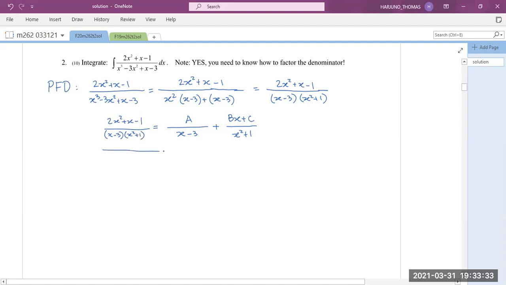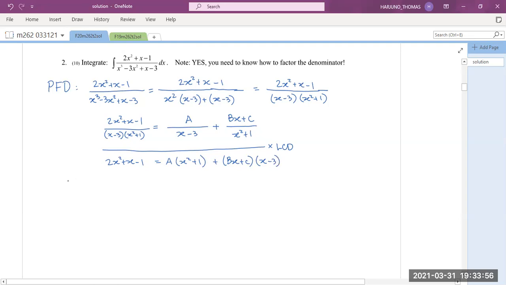Then multiply by the LCD. We get 2x squared plus x minus 1 equals a times x squared plus 1 plus bx plus c times x minus 3.